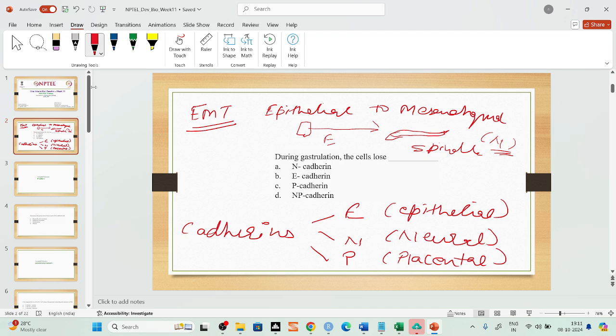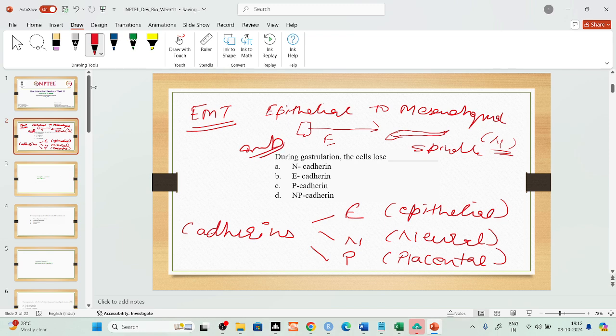So before the blastocyst comes, the uterus prepares itself. During this preparation, again this epithelium to mesenchymal transition event takes place. And in each and every case, the E to N transition also takes place. So this is important. I hope this is clear to you.